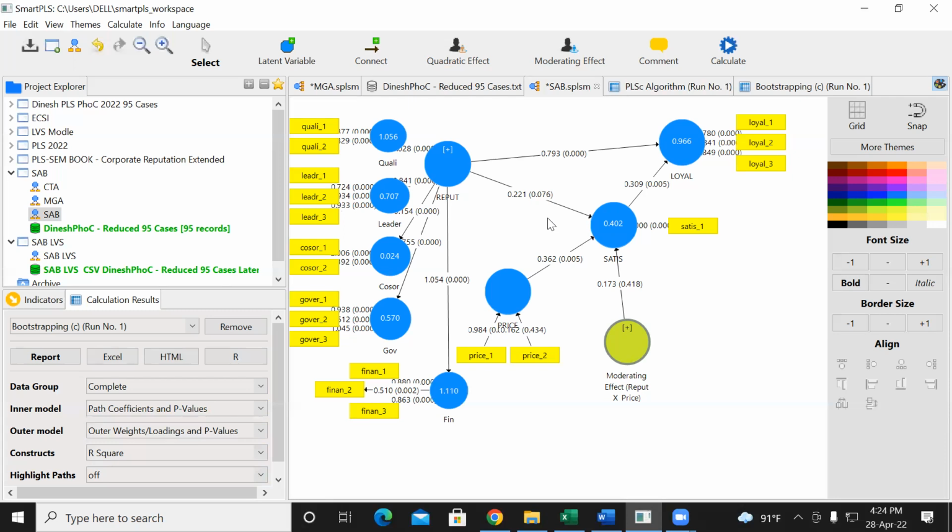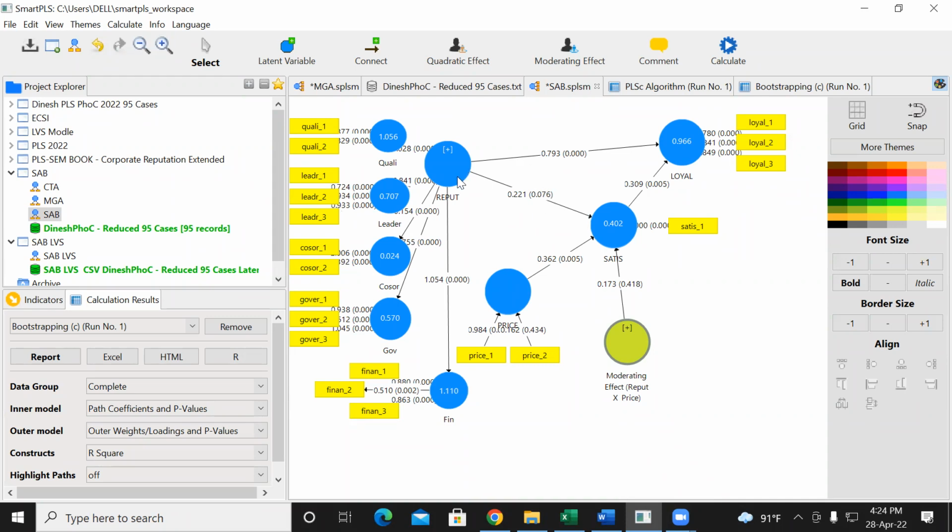Now you can see all three paths are, to a certain extent, significant. I assume this is at 0.1. This is anyway significant, but if you look at 0.05, this is just above 0.05, therefore marginally significant.